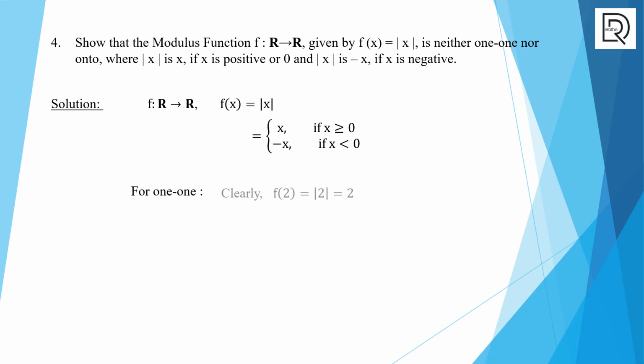So for 1-1, clearly f of 2 equal 2, and f of minus 2 equal modulus minus 2, which is also 2. So here f of 2 is equal to f of minus 2, but 2 is not equal to minus 2. So f is not 1-1. Now for onto, we know f of x equal modulus x is always non-negative.